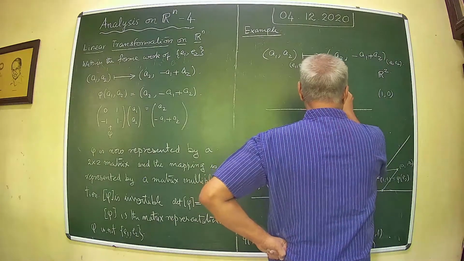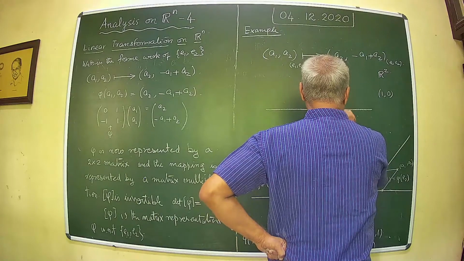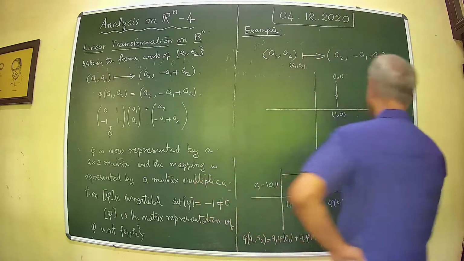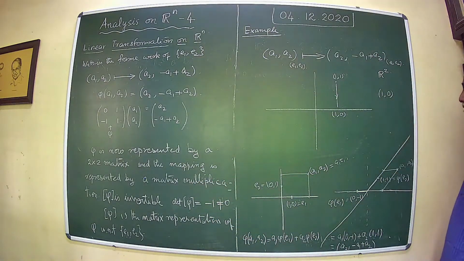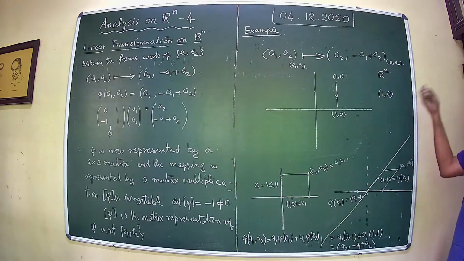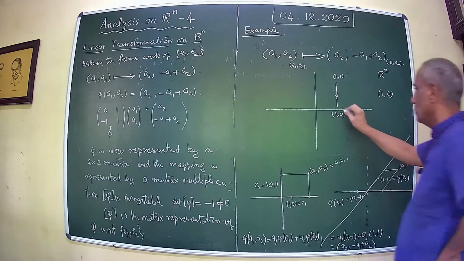This is how it goes. It's not projection. It's not a projection. This map is an invertible map, but it goes to 2.